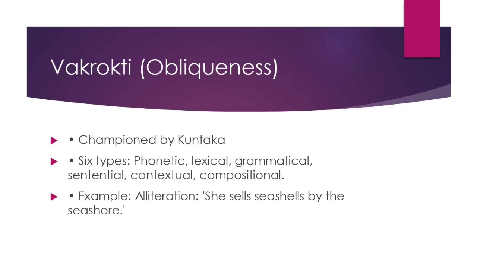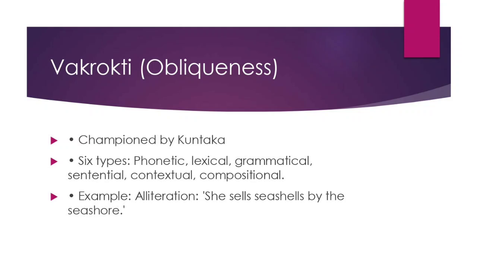It showcases the poet's or writer's imaginative use of language. It also deepens the reader's engagement by presenting familiar ideas in striking ways. So Kuntaka's theory underscores that the beauty of literature lies in its how, by making Vakrokti central to poetic excellence in Indian aesthetics.